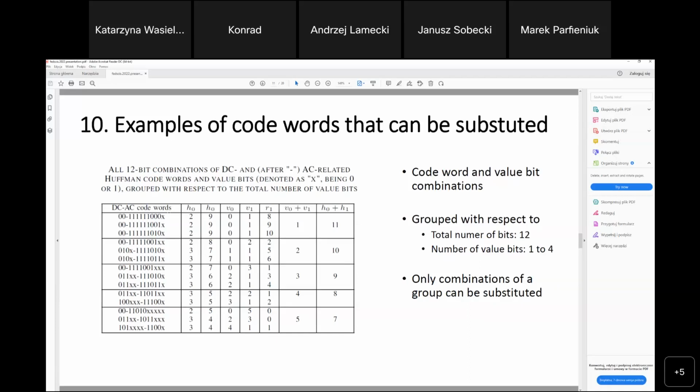In my approach, we replace Huffman code words inside one such category. So we can keep constant the number of value bits.